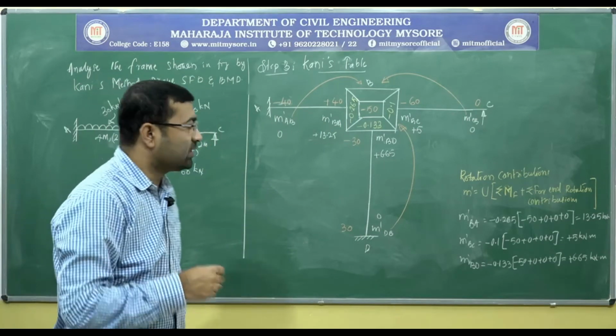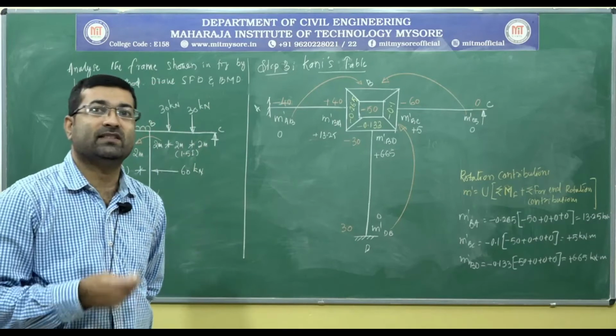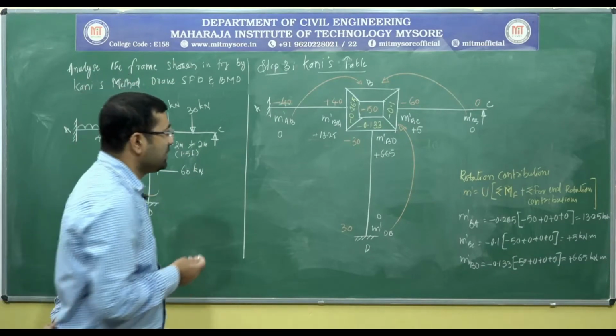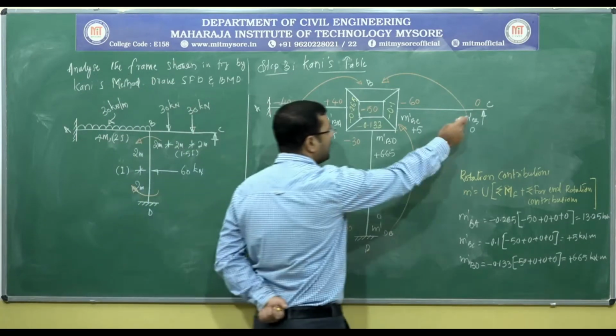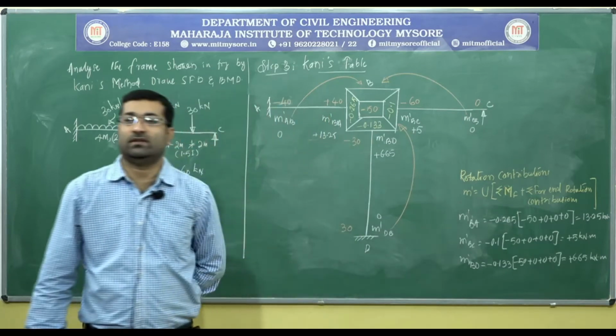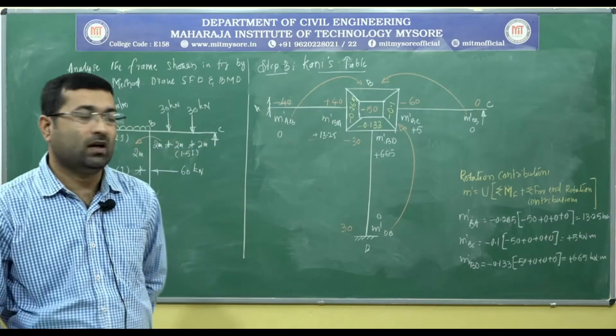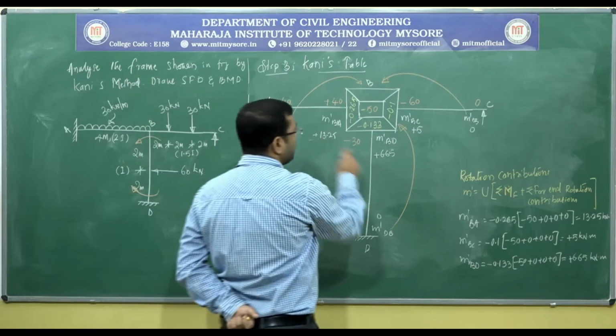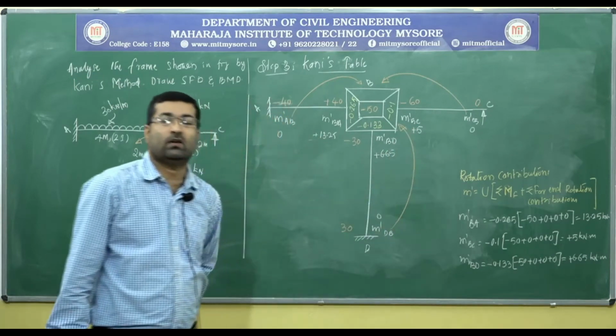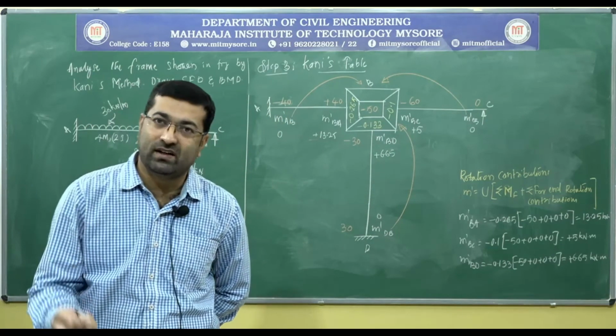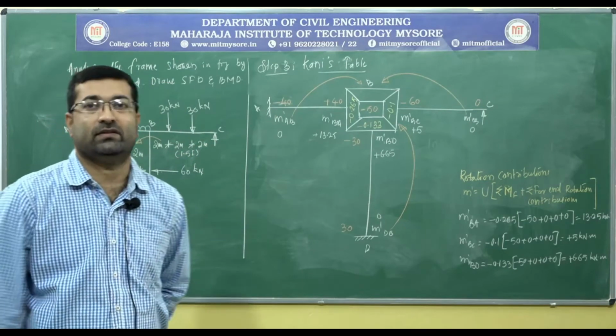Now even if you go for the next cycle, you will get the same values, as there is no change in the far end rotation contributions. What we have estimated are the near end rotation contributions, which don't affect the further calculations.